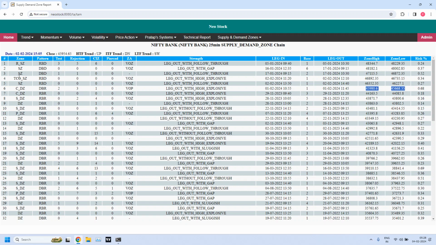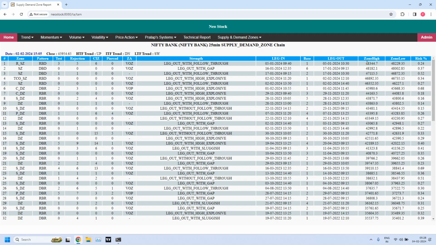And above that, we have a high liquidity zone at the 48,000 level. See, here also it didn't let the prices go up. 48,344 to 48,229. If this level had been broken, probably Bank Nifty would have easily reached an all-time high.